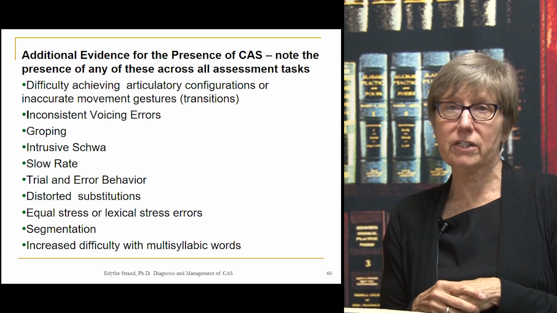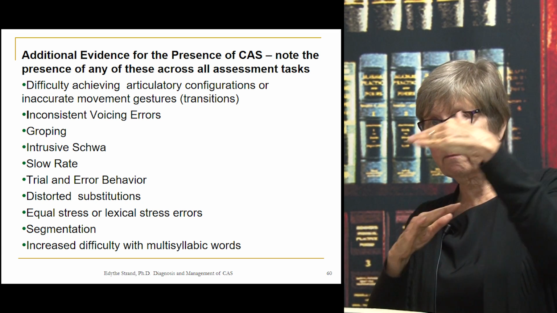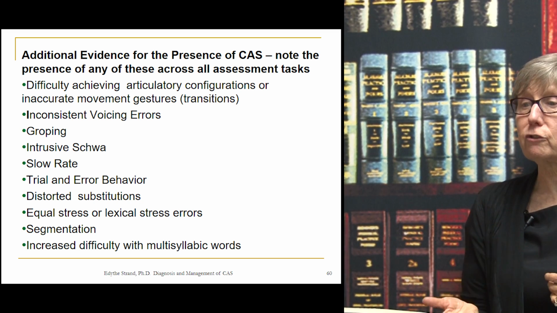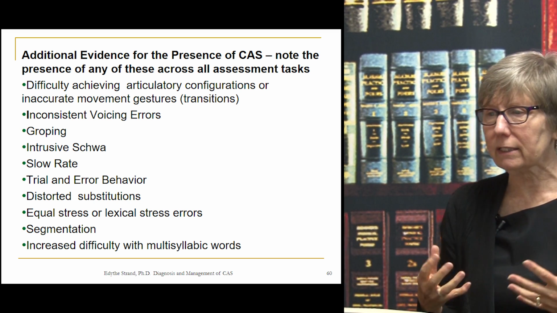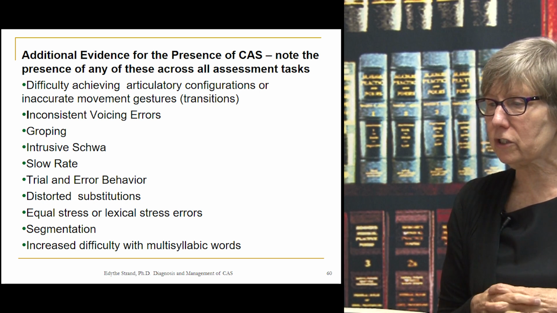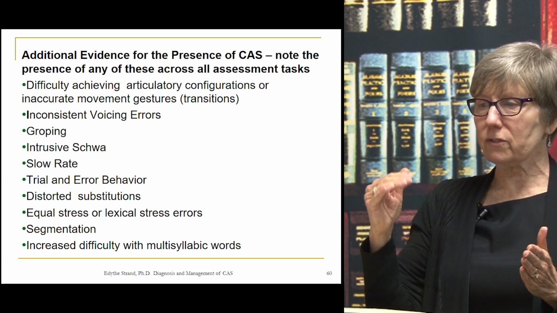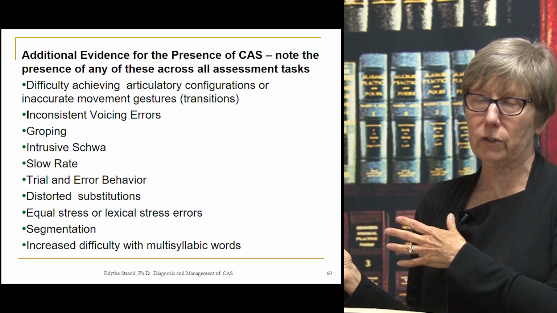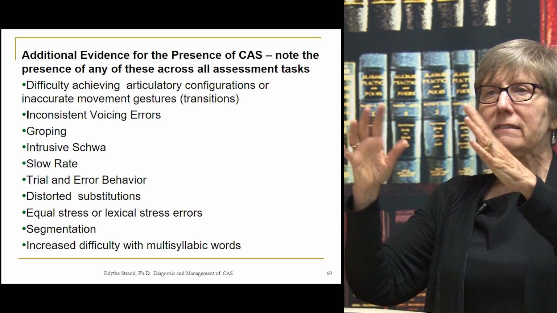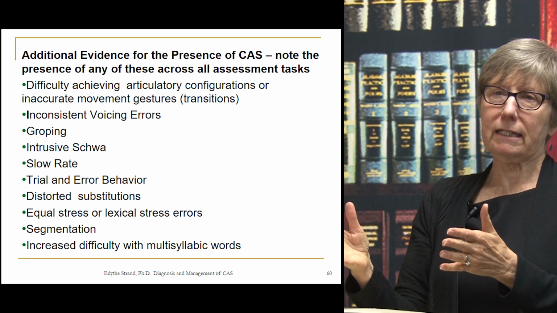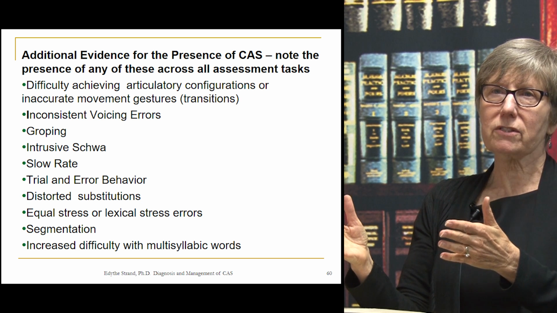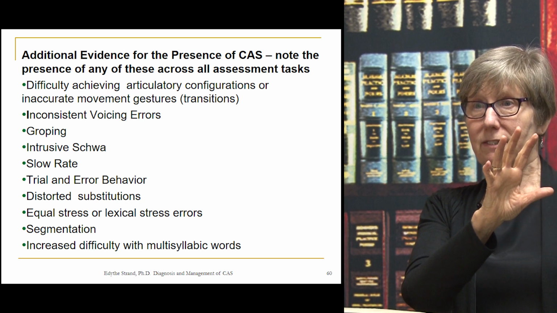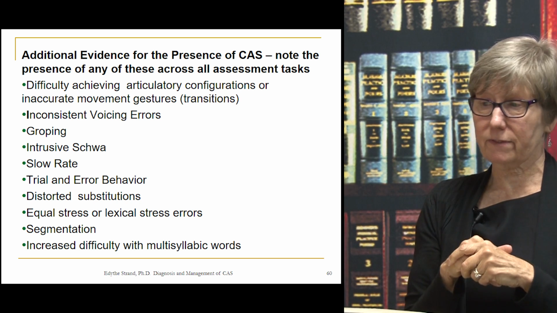Difficulty achieving the articulatory configurations and making accurate movement gestures through the syllable, groping, intrusive schwa, slow rate, trial and error behavior, distorted substitutions, equal stress or lexical stress errors, segmentation, and increased difficulty with multisyllabic words. Now, this list is a little bit bigger because it was designed to also try to disambiguate some characteristics of CAS with kids who are a little older and not so severe.